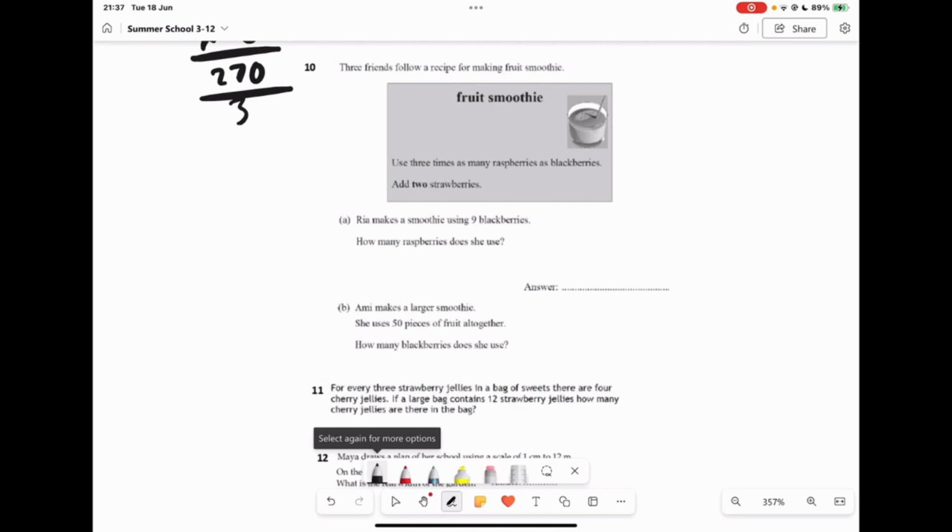Okay, so we know that 3 times as many raspberries as blackberries. So the scale of raspberries to blackberries will be 3 to 1. So then 9 blackberries will be multiplied by 3, so it should be 27.